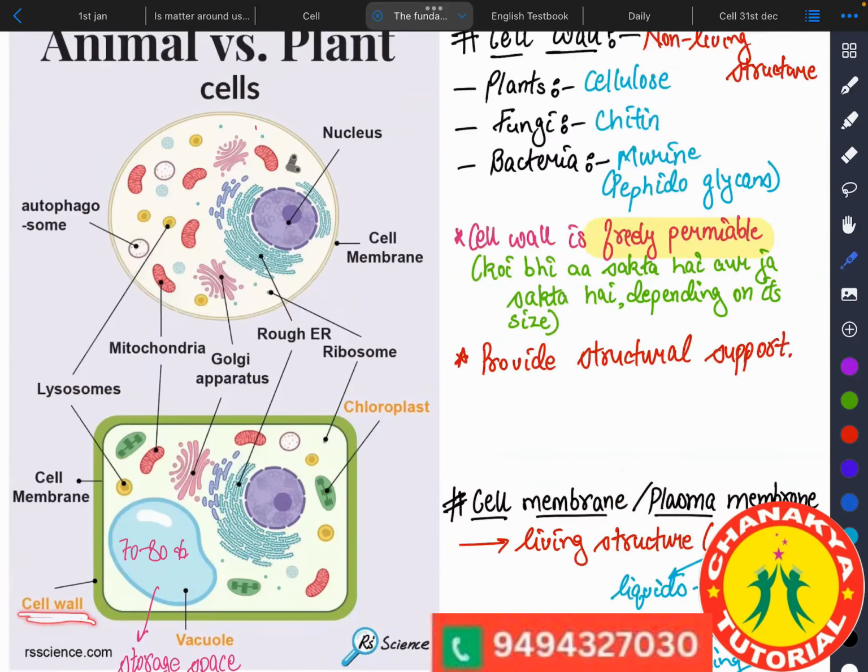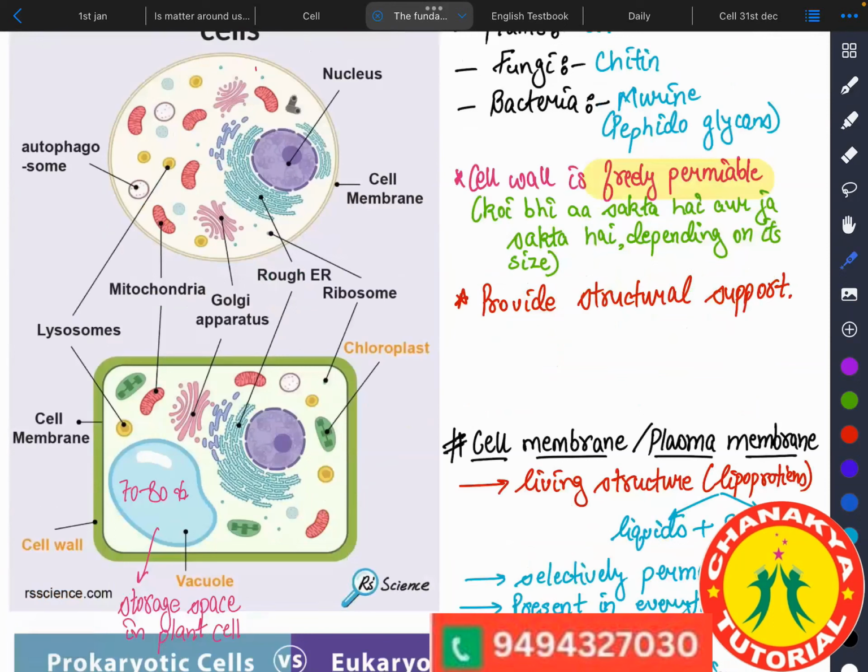As I explained in the last class also, there is a cell wall in plant cell and no cell wall in animal cell. And you can see that the cell membrane is present in both of the cells. Is it okay? Yes, sir.